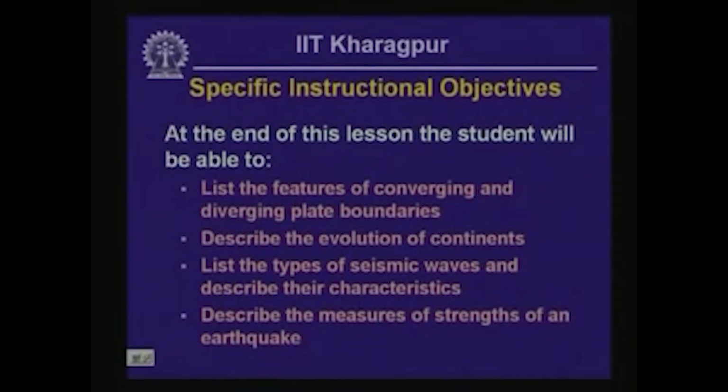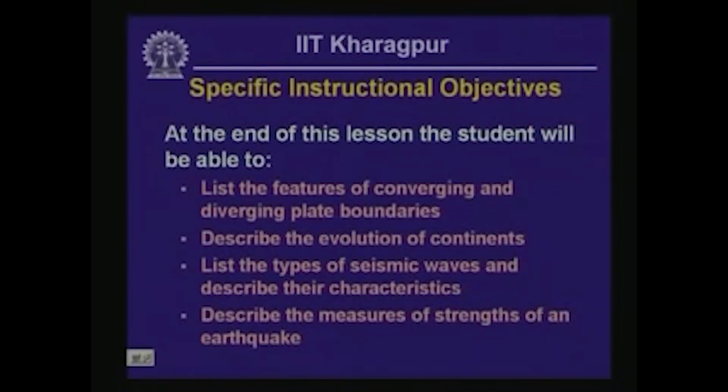At the end of this lesson, we would like to be able to list the features of converging and diverging plate boundaries. We started looking at this aspect in the last lesson itself, and we are going to continue and complete this discussion. Then we would like to be able to describe the evolution of continents.